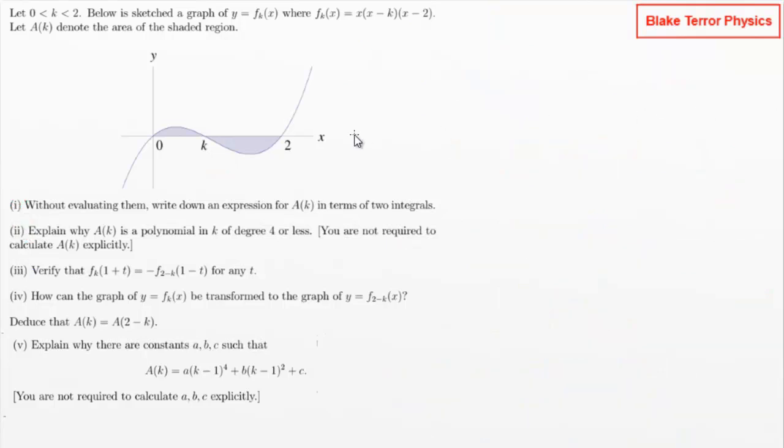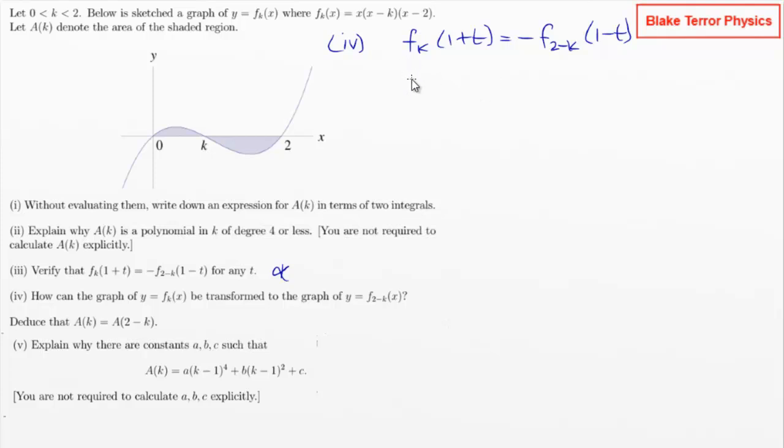Part 4 then: how can the graph y equals fk of x be transformed onto the graph y equals f2 minus k of x? Right, okay, so clearly that's what they've set us up for with this. So we've got fk of 1 plus t is equal to minus f2 minus k of 1 minus t. So we want to get this in terms of x.